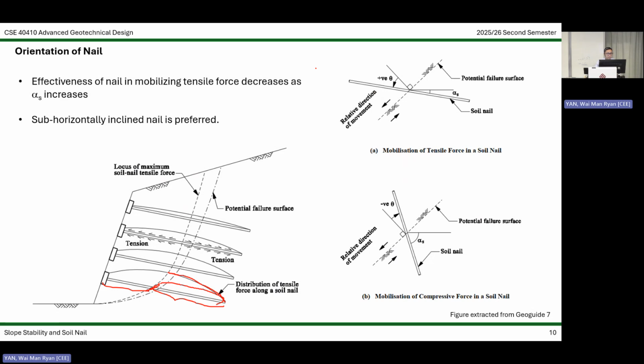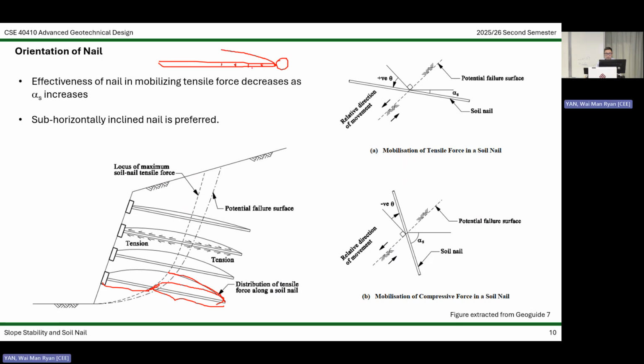Okay, if I do it here, this is a nail. This is the end of the nail, and at the very end of the nail, the tensile force must be 0 because there's no end bearing force here. So this is 0. And along the nail, we have this friction developed. So at a certain point along the nail, we see tension developed, right?